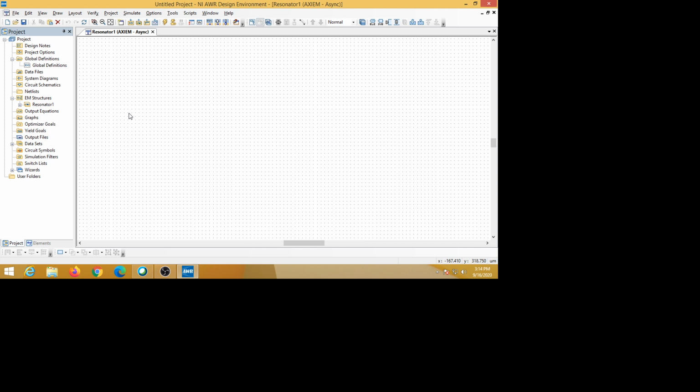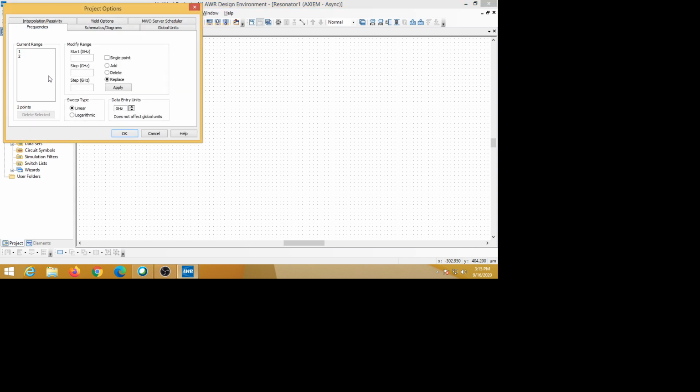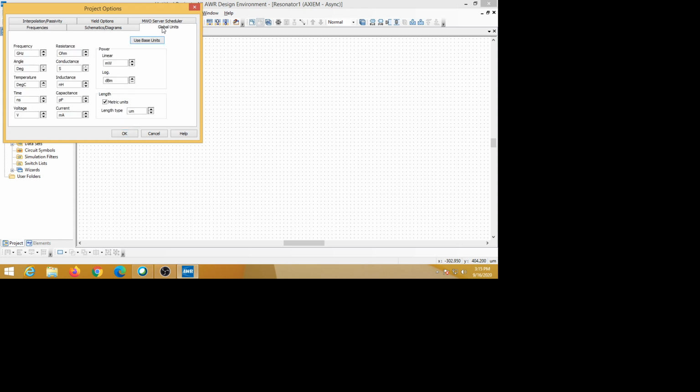To provide that, we should go to project options. On the right side there is an icon. Click over project options, then click edit. In this window there are global units. Click over global units, and frequency should be in gigahertz.